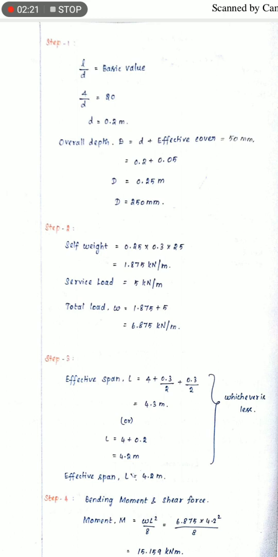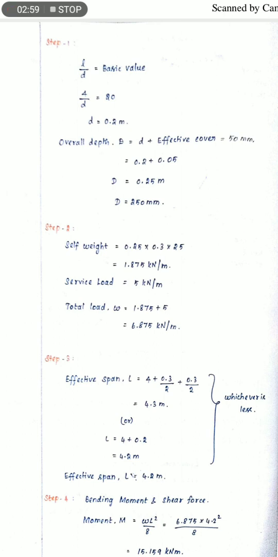First one, self weight of the beam in terms of kilonewton per meter, which is nothing but the unit weight of the RCC, 25, into the width of the beam, which we assumed as 0.3 meter or 300 mm, multiplied by the depth of the beam, that is 250 mm or 0.25 meter.